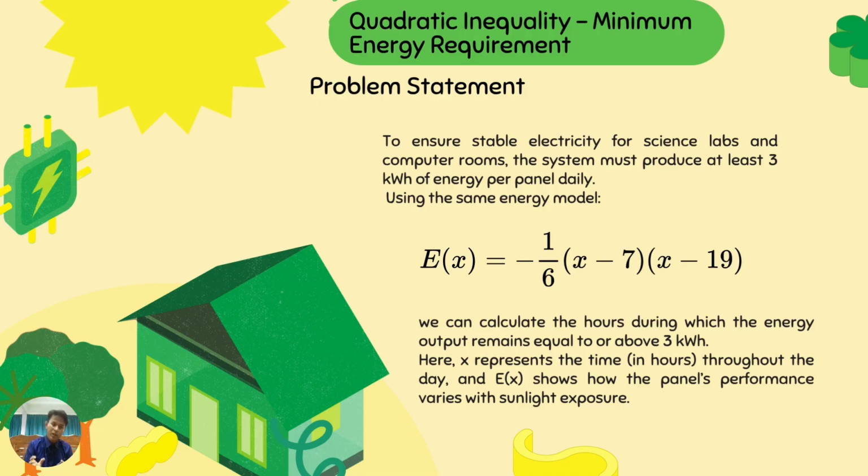Using the same energy model, E(x) equals negative 1 over 6 (x minus 7)(x minus 19), we can calculate the hours during which energy output remains equal to or above 3 kilowatts. Also, as I said earlier, x represents the time and E(x) represents the panel performance, which varies with sunlight exposure.